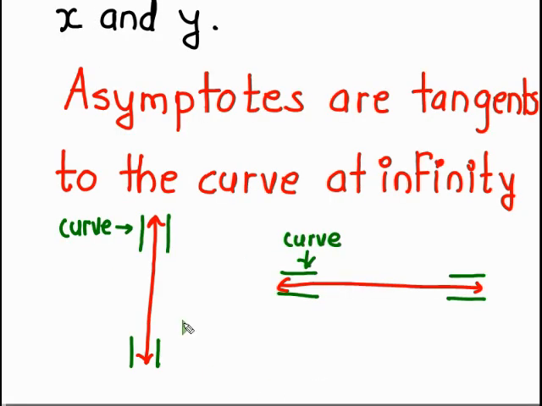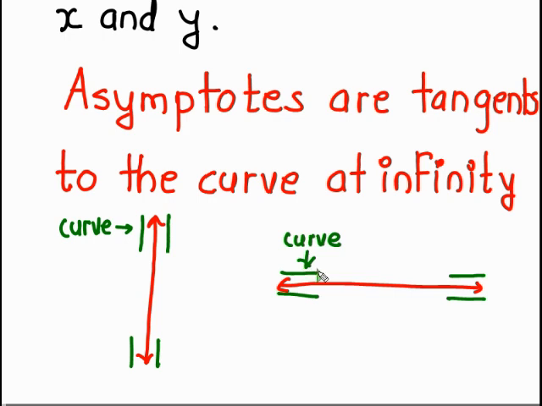Now what is the meaning of this? The curve never touches that particular line. The curve is just passing nearer and nearer to that line. So either the curve is like this or like this towards infinity, similarly on the downward side towards infinity for the vertical line. This is for the y-axis, and this is for the x-axis.